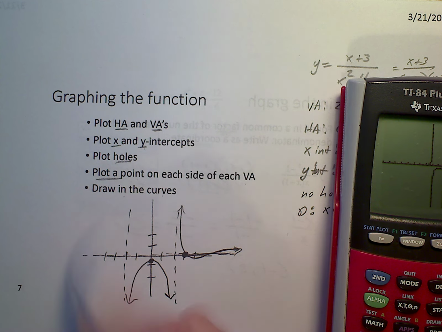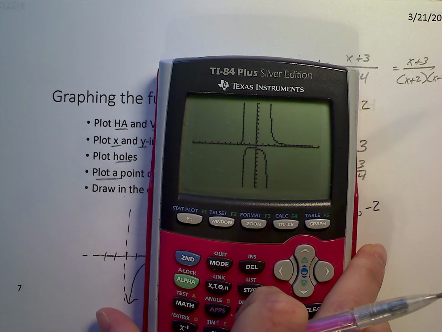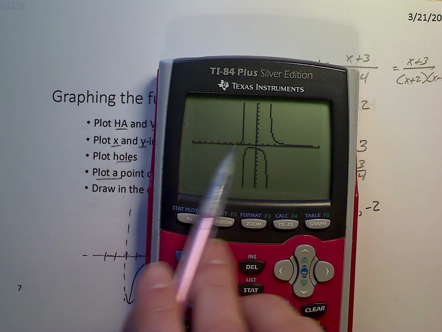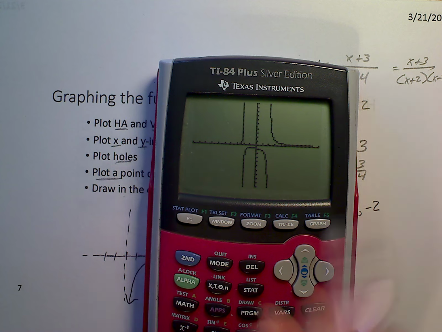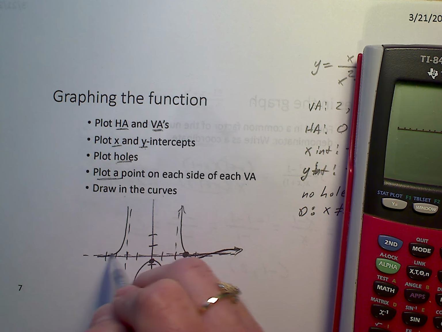I also know there has to be a curve over here, and so I'm looking at my calculator and I can see that there's a curve over there, but it hugs the line so close that you can't see it. See how it looks like it just stops? It does not stop. There is no stopping, okay? So it's just hugging the line so close that you can't see it.